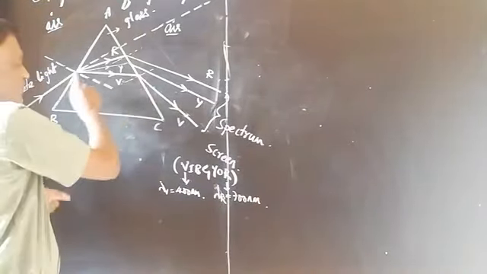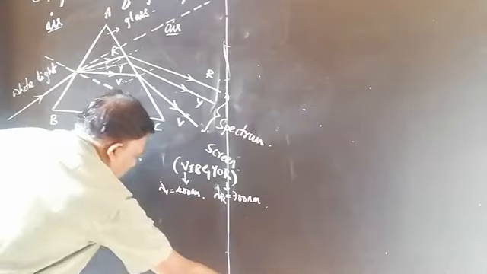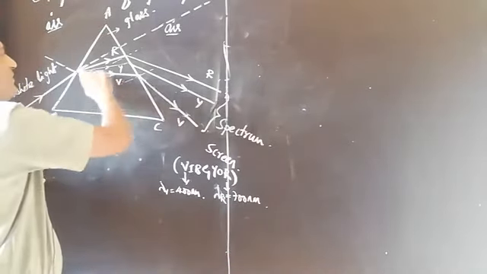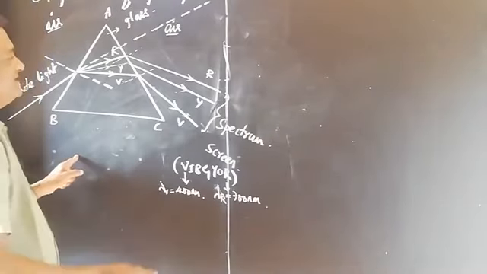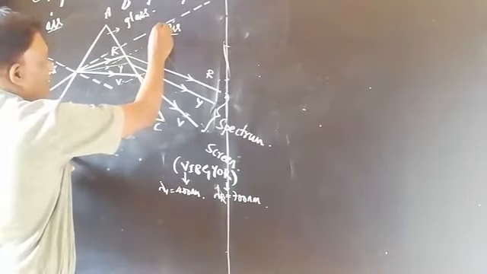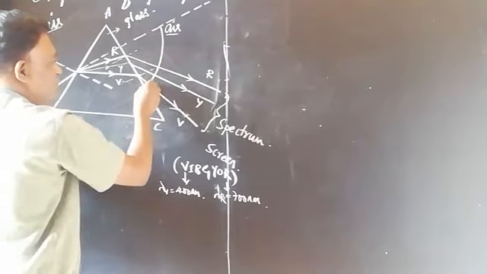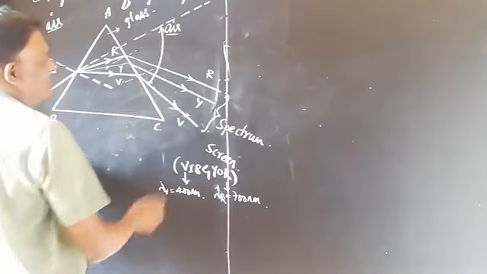If a prism had not been in the path, light would have travelled straight according to rectilinear propagation of light. So the angle through which the light bends after 2 refractions is the angle of deviation.